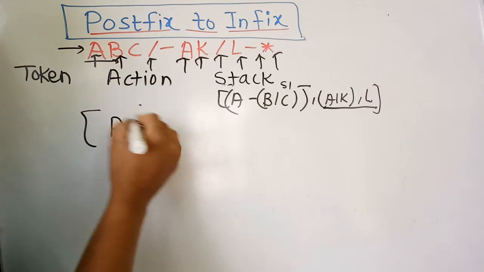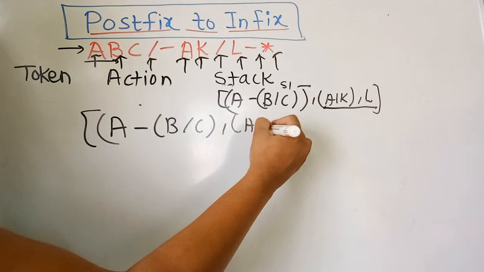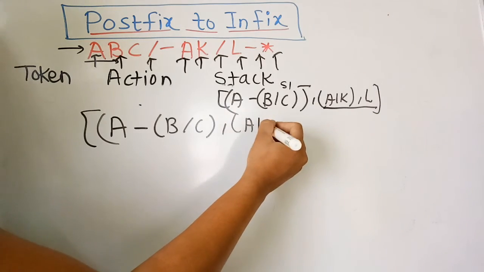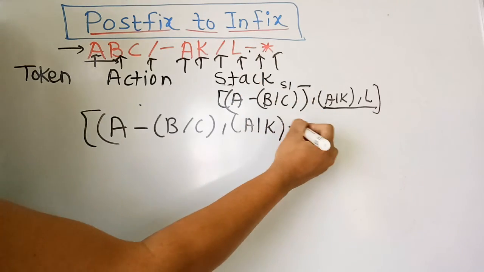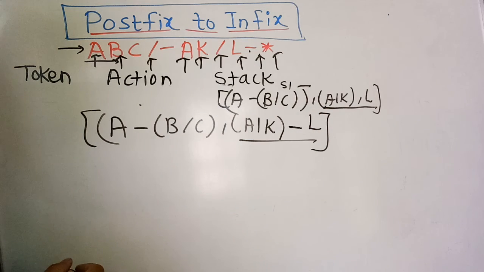A minus B divided by C will be there, comma, and A divided by K and L are the new operands, so A divided by K minus L will be there. And now this is one operand. Now we have to apply the star.